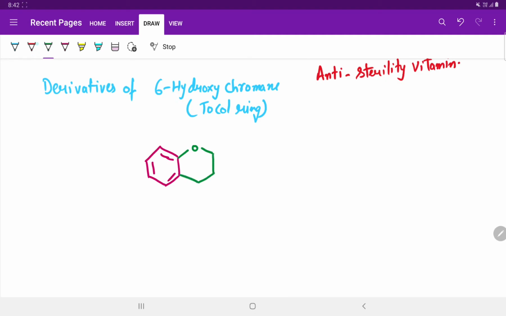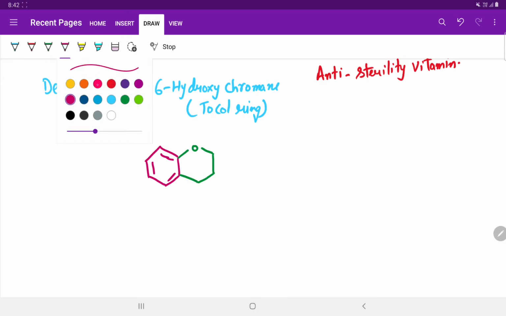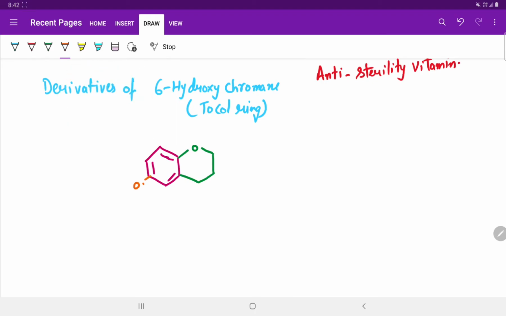At the sixth position, it is having one hydroxyl group. The numbering we can start from the oxygen. In total there are 10 carbons in it. So this is basically a tocol ring.